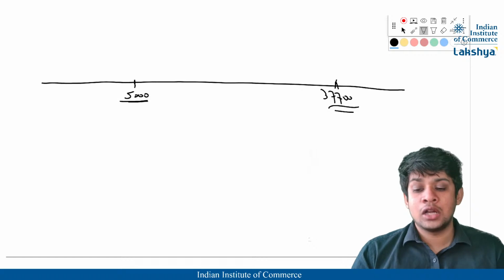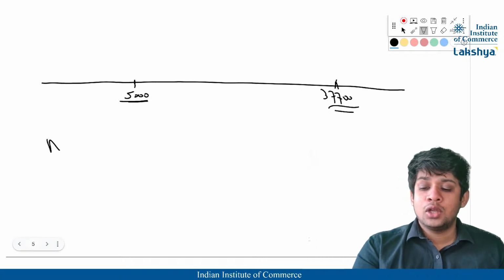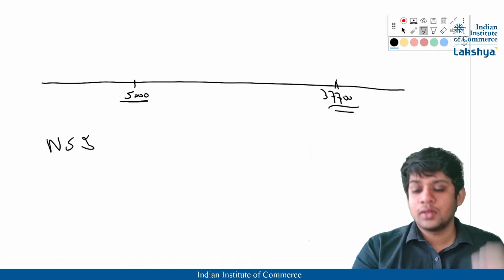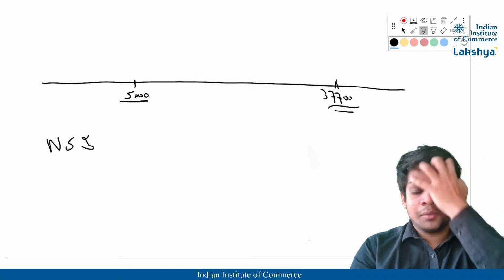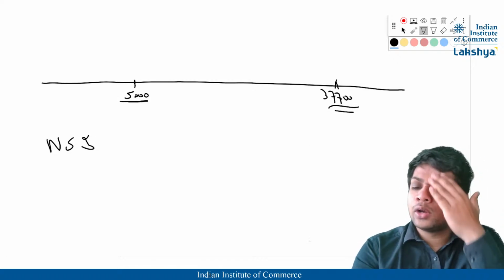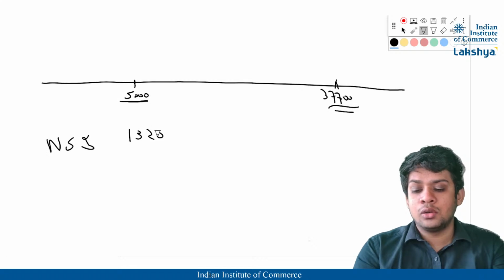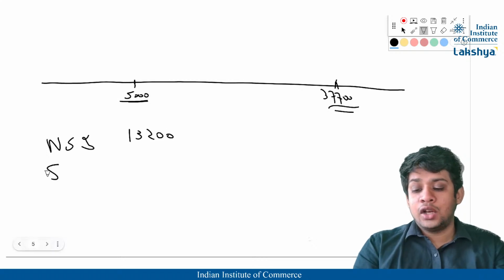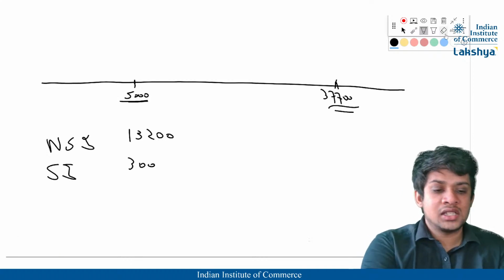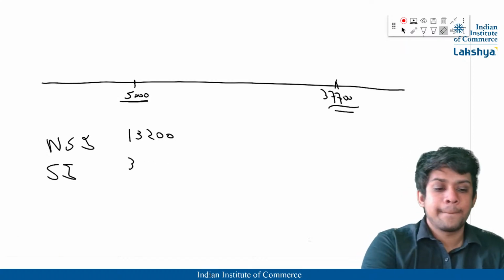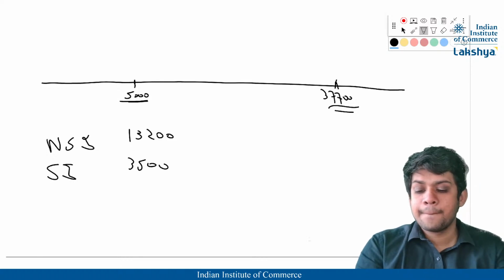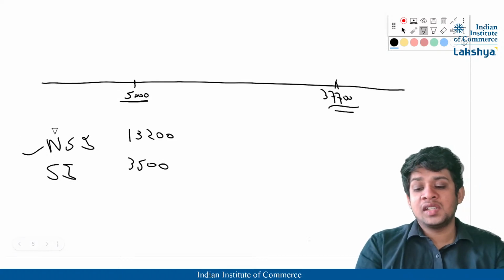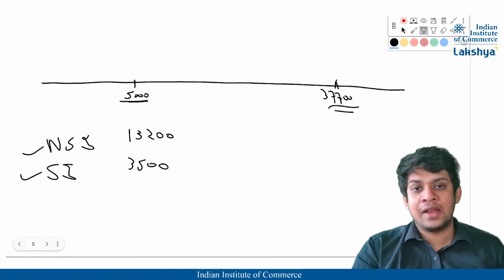Which is irrelevant here. I'll show you why. Maybe say your non-savings income, maybe your trading income or employment income in total, is 13,200, and your savings income is 3,500.